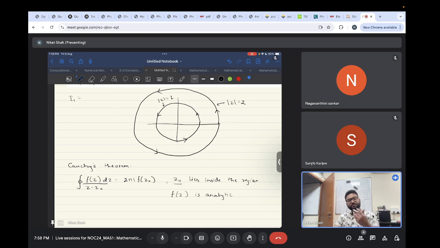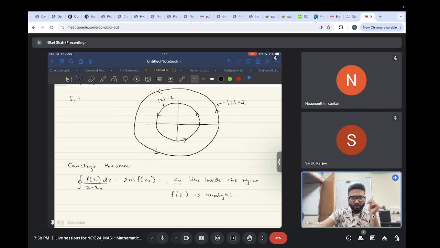But what if z0 does not lie inside the region? In that case, what is the answer? When z0 is not inside the region, the answer is 0.